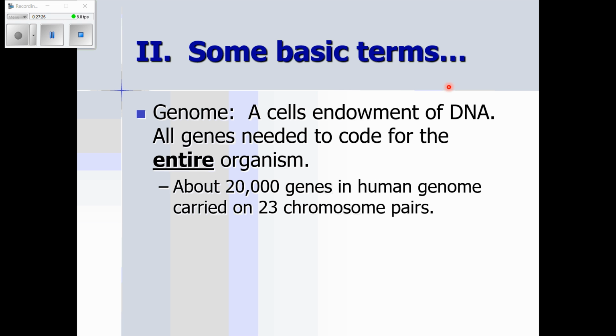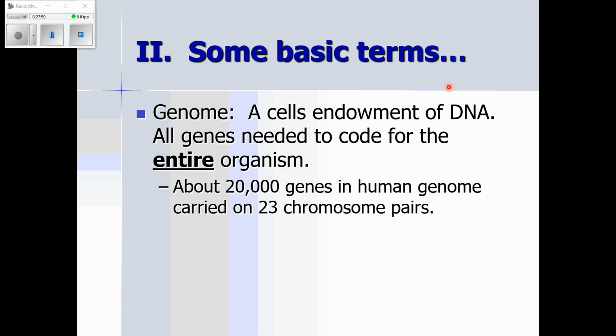And so we've learned a lot about the human genome in the last 15 to 20 years. We used to think there were about 100,000 genes necessary to code for a human being, but now we know that it's a much smaller number.